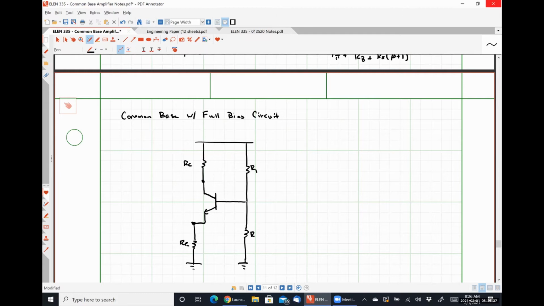Here's R1, and here's R2. This is VCC. So this is our traditional simple 4-resistor biasing network that we've been using for everything, right? So our goal here is to bypass a base resistance.